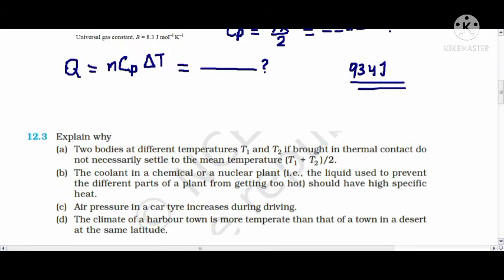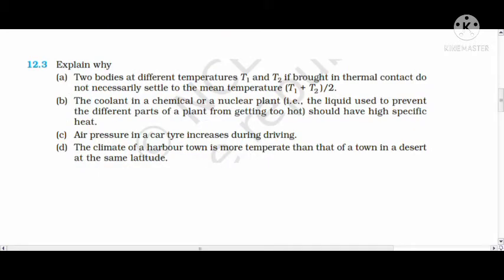Now next, question 3. Explain why, part A, two bodies at different temperatures T1 and T2 brought in thermal contact do not necessarily settle to the mean temperature (T1 plus T2) by 2.